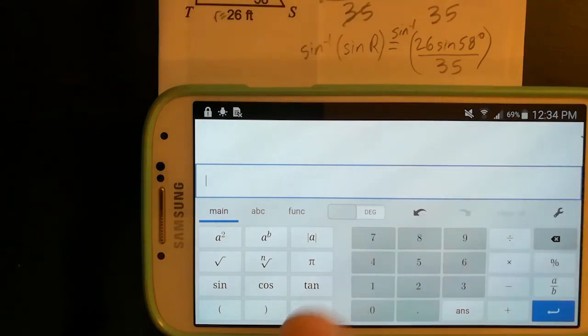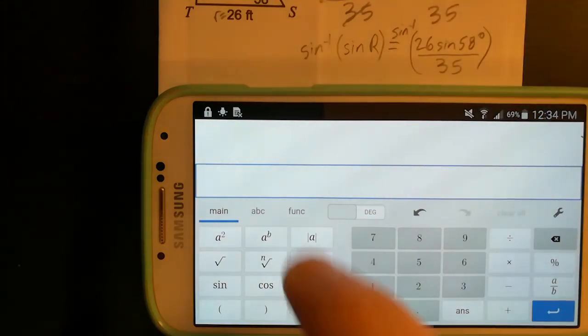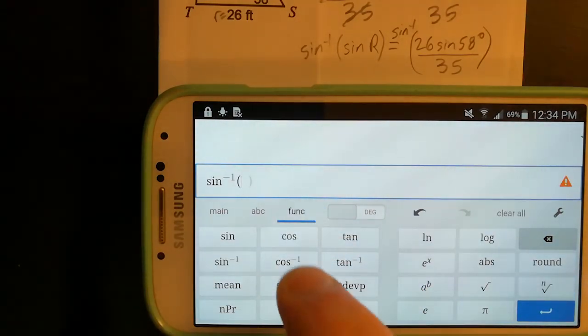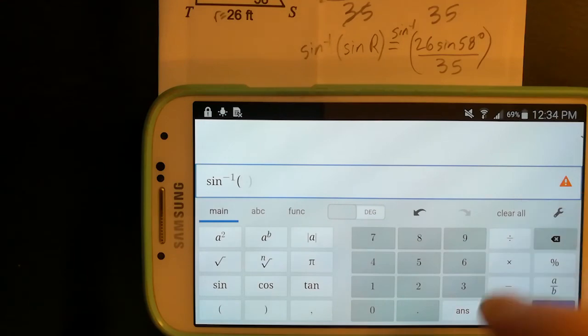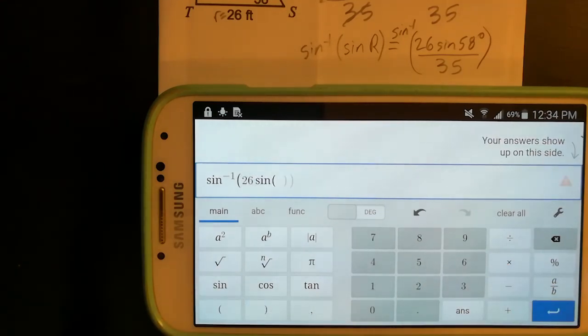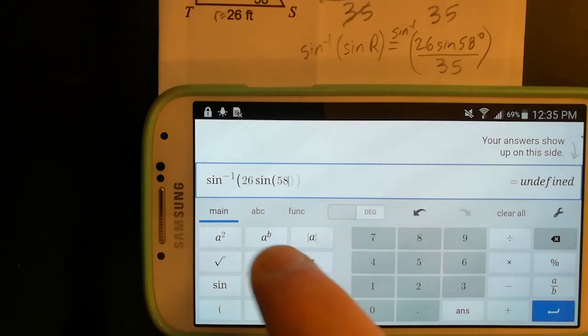Since I'm using a better calculator now, I'm going to go ahead and put in the whole thing. So let me go to inverse sine, and then I want to go 26 sine 58, and then need to close up those parentheses here.